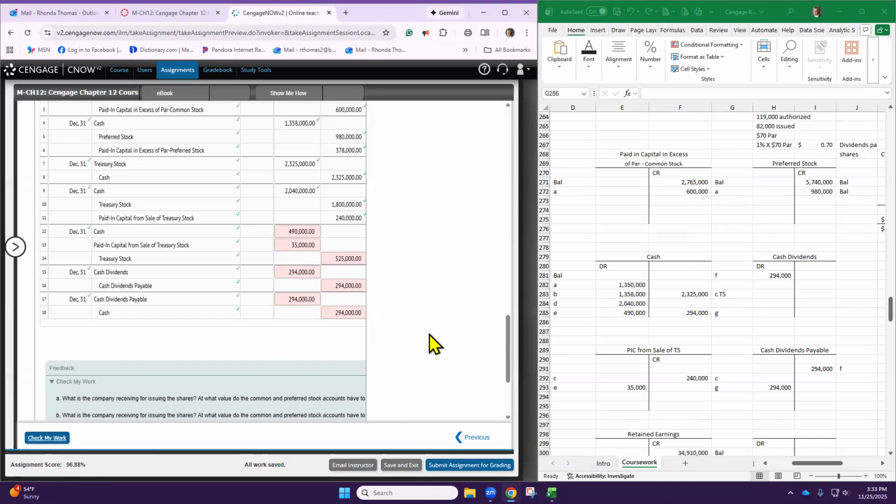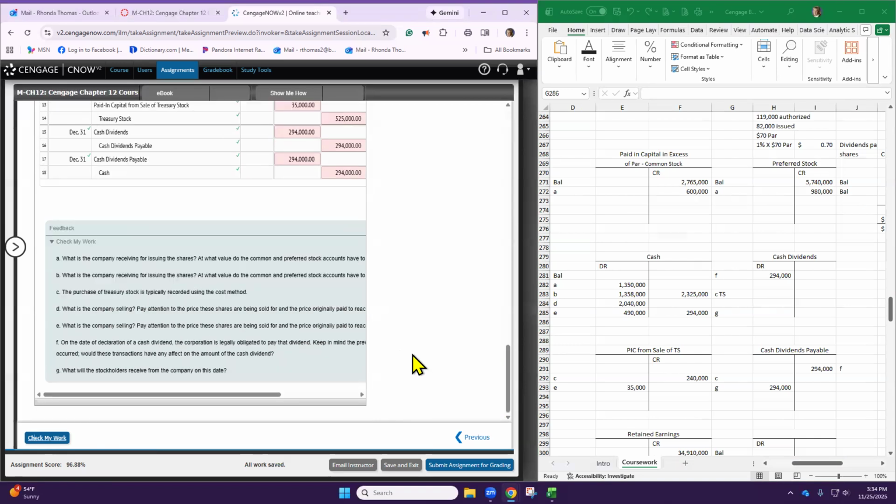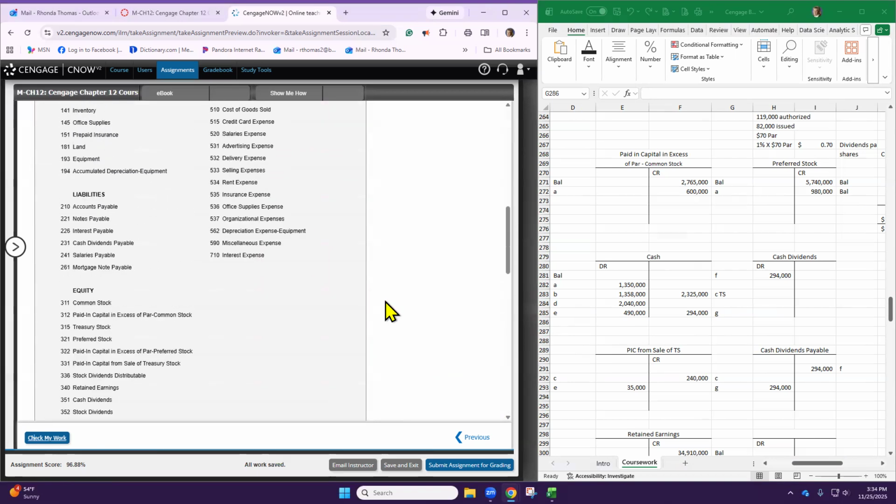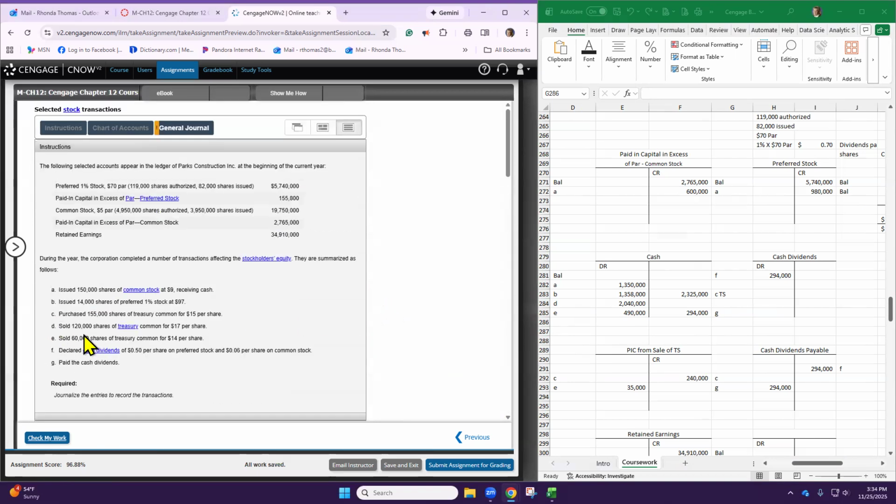Okay, those amounts are wrong. So let's see if I can figure out how to make it right. So maybe they did the math based on this, even though they really don't have.